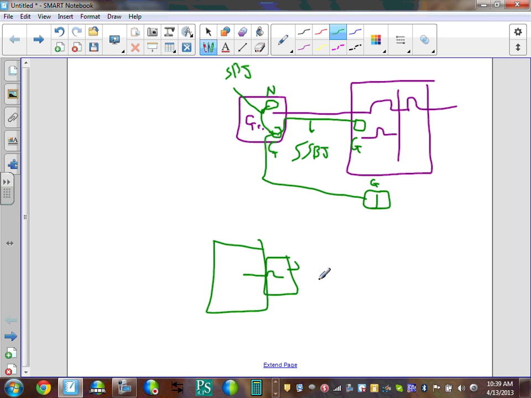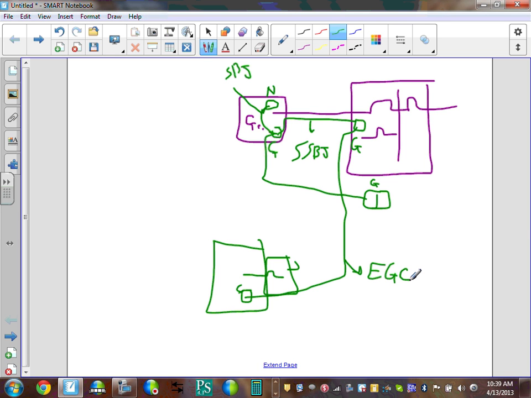Now everything stays the same except that wire that goes from here, from the ground through this one into the ground here. That wire, if your disconnect is right at the generator, is now called the equipment grounding conductor. And how do you size it? You size it based on the overcurrent protection device.